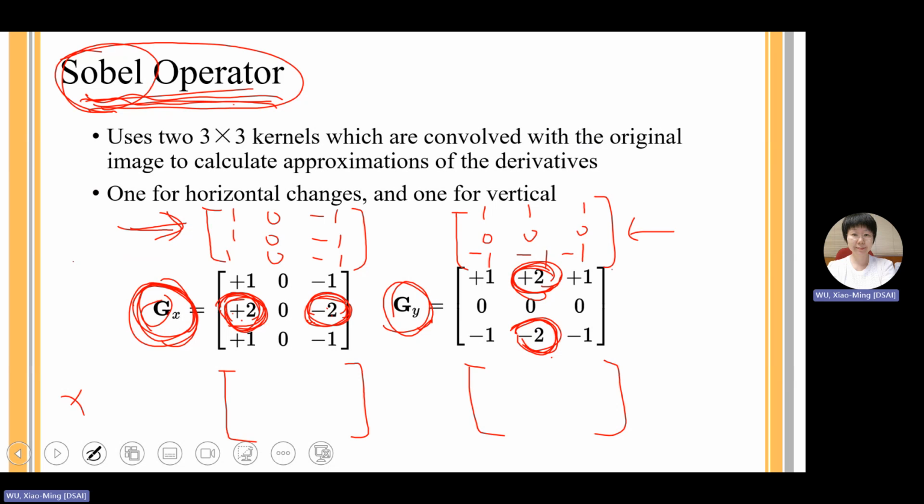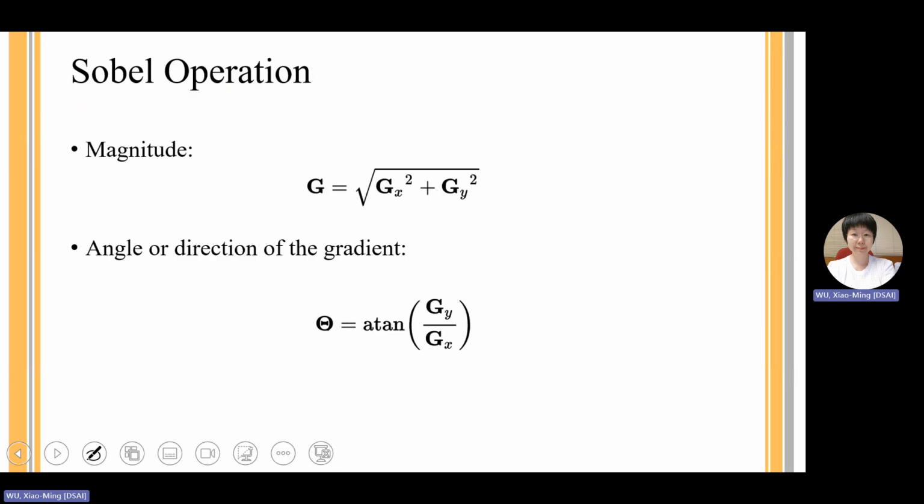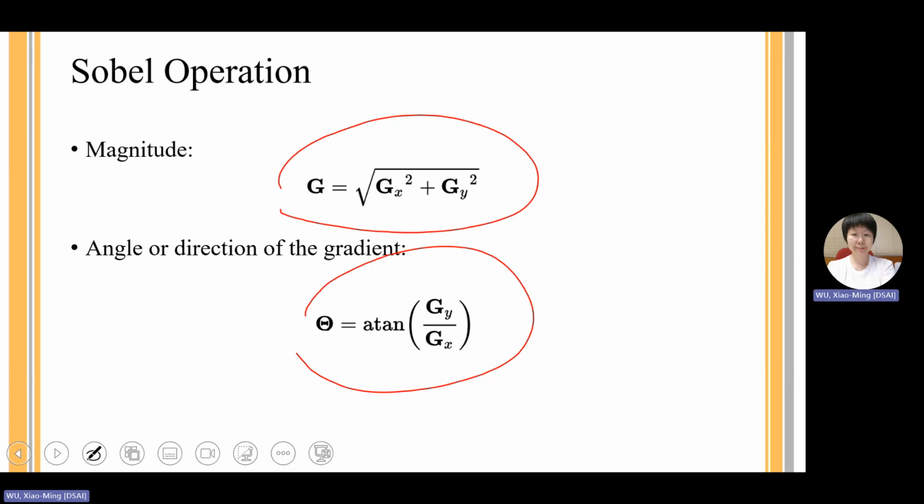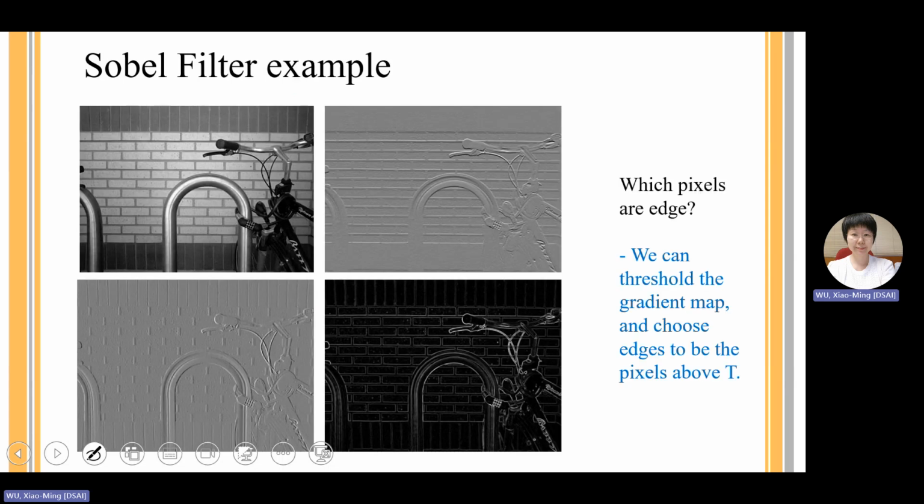Okay, so compared to the ordinary image derivatives, GX and GY have the effect of noise reducing, smoothing. And once we have GX and GY, we can of course compute the magnitude of the image gradient and also the direction of the gradient. Okay.